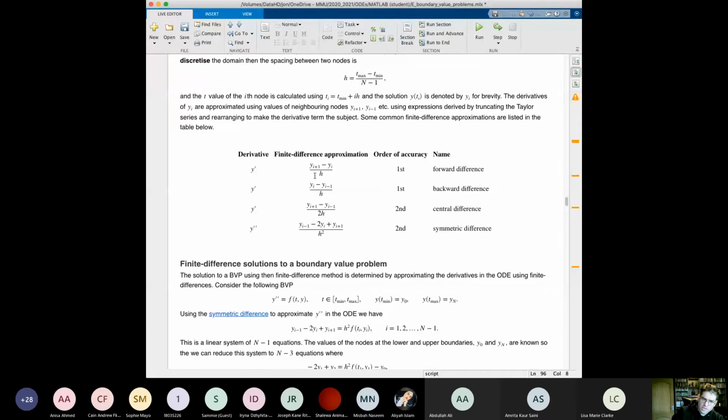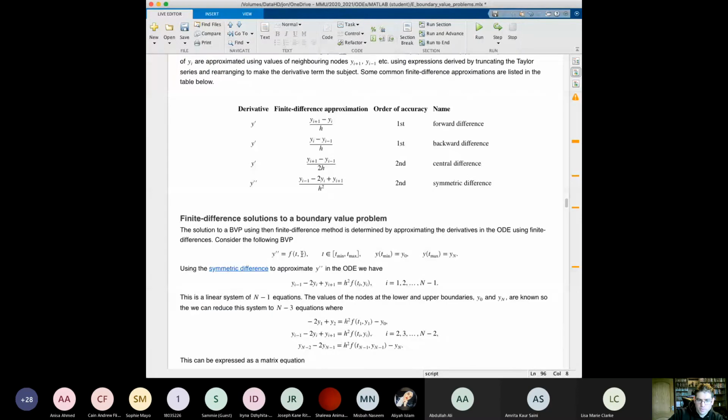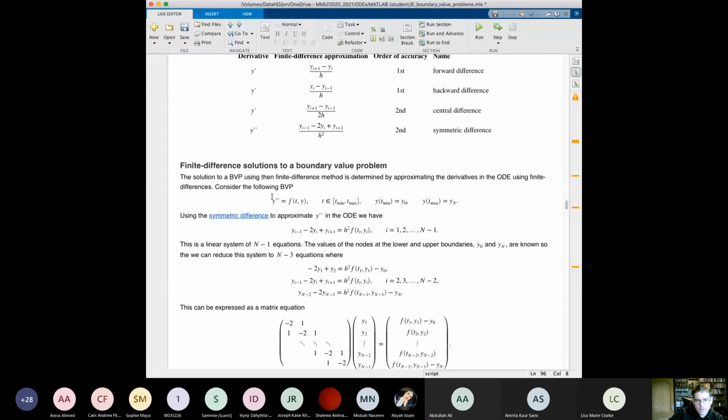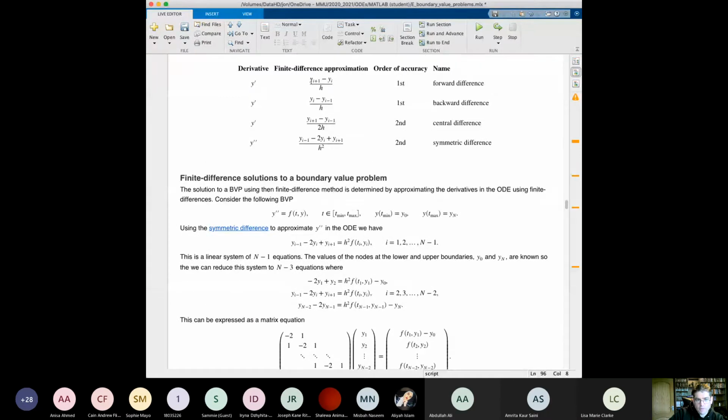If we want to use these to approximate the solution to a boundary value problem, it's quite simple. You just replace any derivatives in your ODE with finite difference approximations from here.